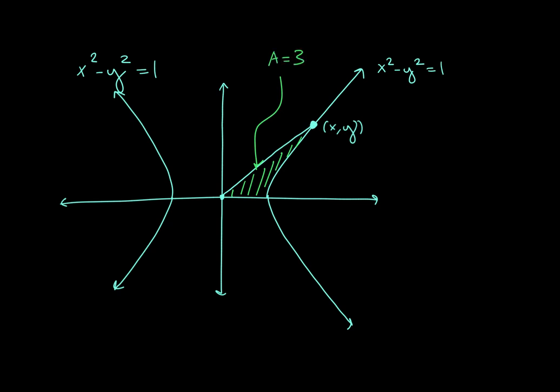Then, by definition, this point that causes that area to equal 3 is equal to the cosh of twice that area, which is 6, comma, the sinh of twice that area, which is 6.